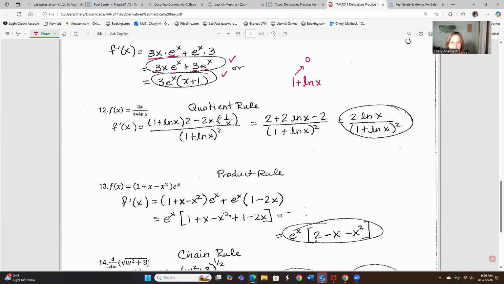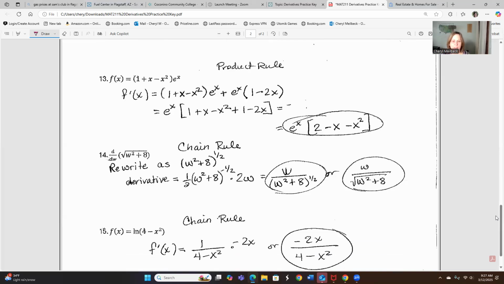Now this looks complicated, but then we recognize that when we multiply 2x times 1 over x, we're simply going to get 2 because the x's will cancel. And here, if we distribute the 2, we'll have 2 plus 2 natural log of x. Now the positive 2 and the negative 2 cancel, leaving us just with 2 natural log of x over that 1 plus the natural log of x squared, which is that denominator squared.